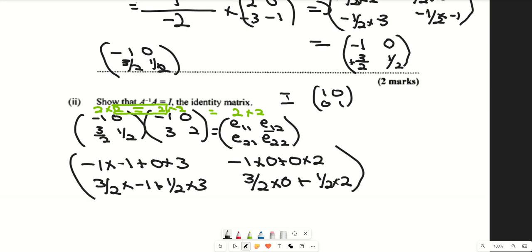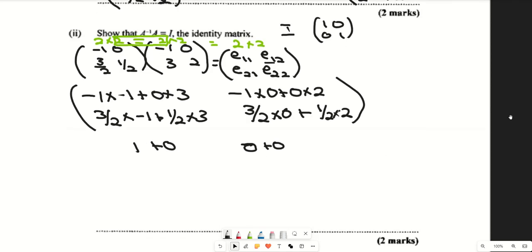A minus and a minus is a plus, so that's 1, and 0 by 3 is 0, so +1 plus 0. Anything by 0 is 0, so this is 0 plus 0, which is 0. Then 3 over 2 by -1 is -3 over 2 plus 3 over 2, which is 0, since these cancel off each other. 3 over 2 by 0 is 0, and a half by 2 is +1.